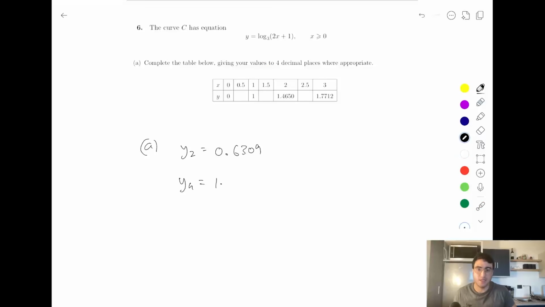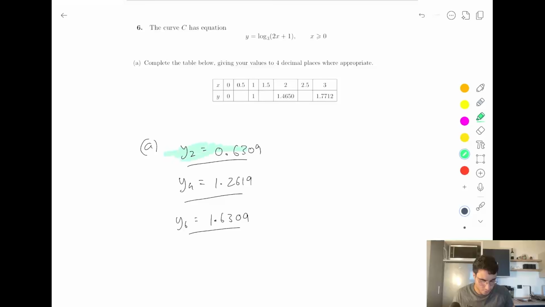What we're going to get is 1.2619. Okay, then y6 over here, plug that in. We're going to get 1.6309. Okay, these are going to be the final values.